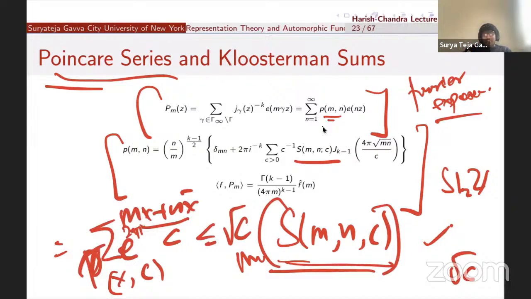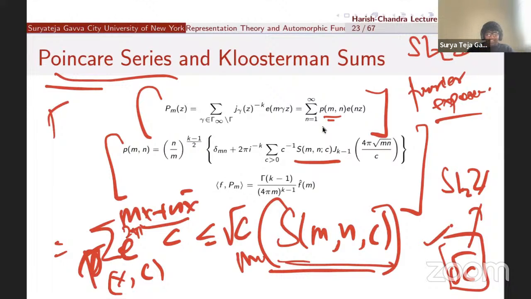To prove such facts, it depends on arithmetic, so SL2(Z) is really important. If you take some other lattice, you'll have some other sum, but the sums won't be nice arithmetic things.